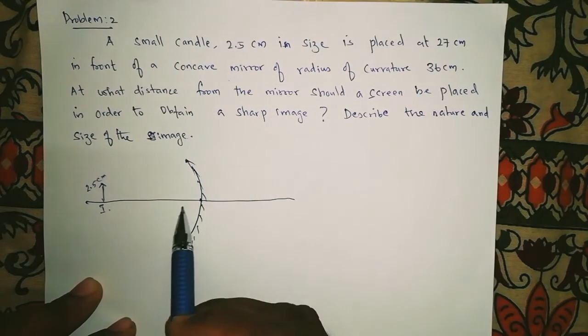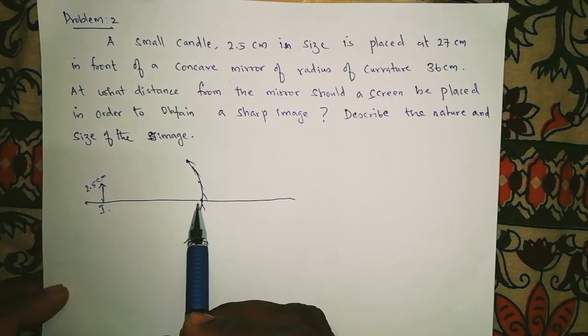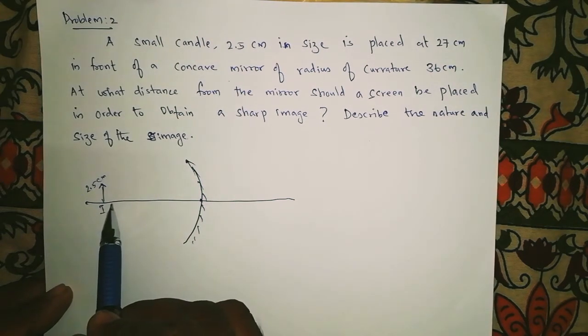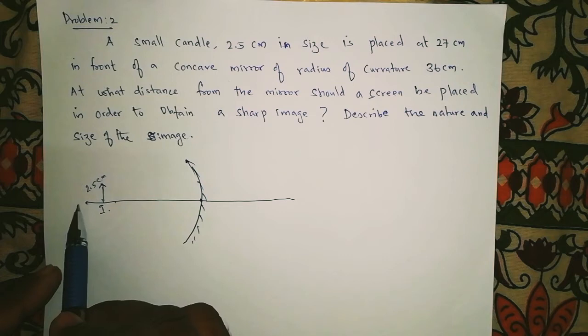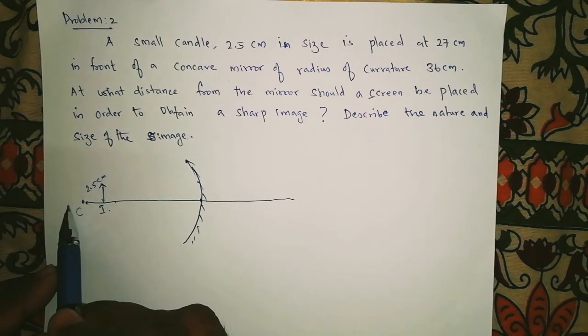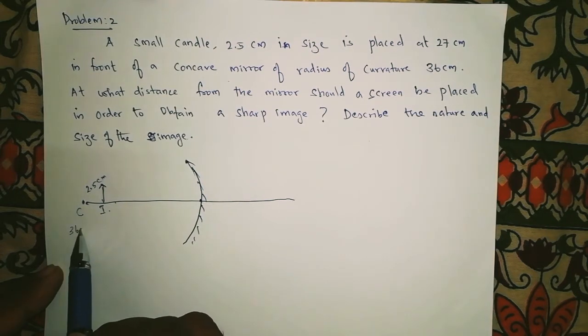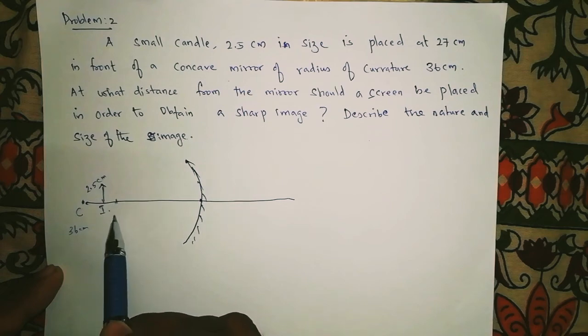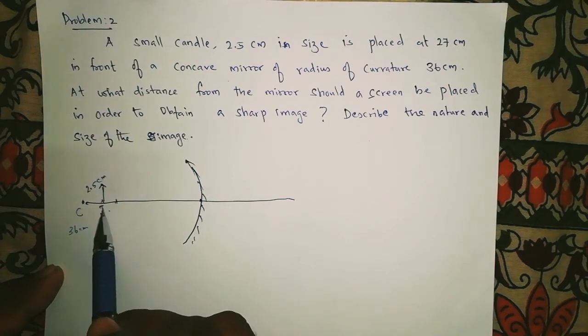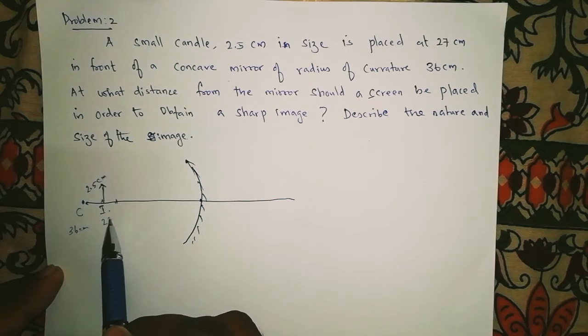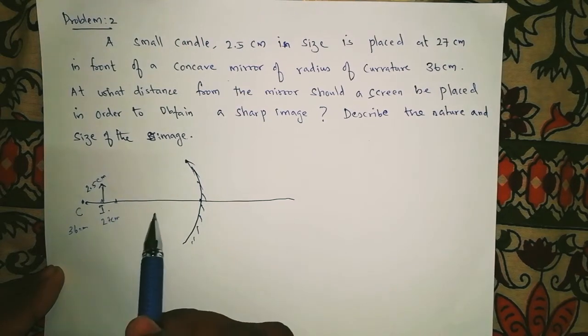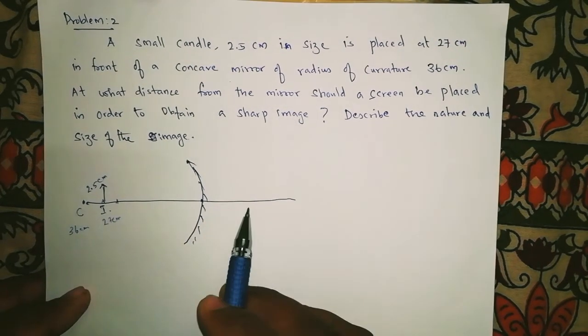And what is the radius of curvature? 36 centimeter. So it is at 27 here, and the radius of curvature will be like this, a distance of 36 centimeter. So these are the things given.